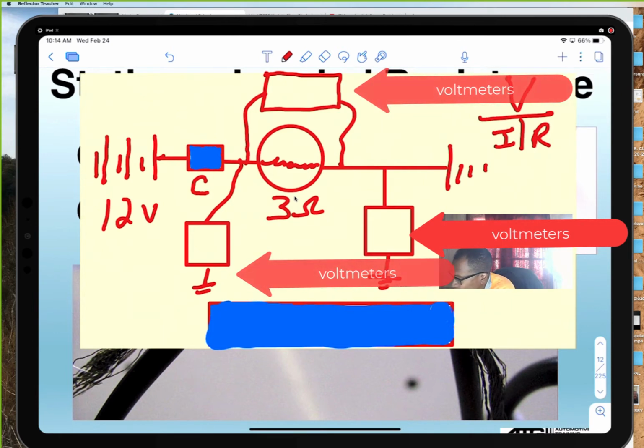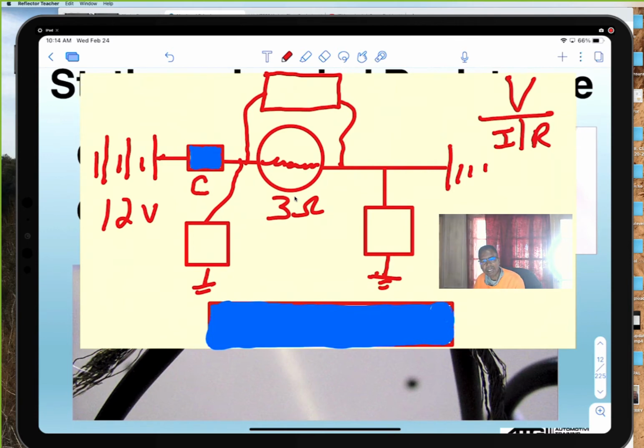Yeah, the blue line's a connector. Okay, this is a good circuit.